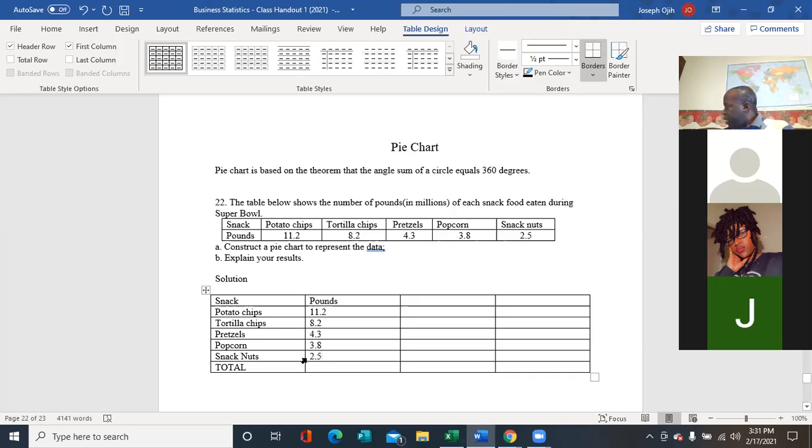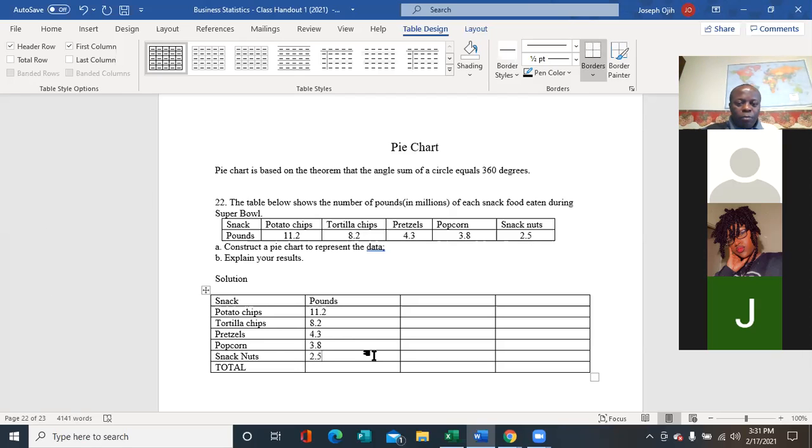Let me write this down so that we can calculate the total: 11.2 plus 8.2, 4.3, 3.8, and 2.5.